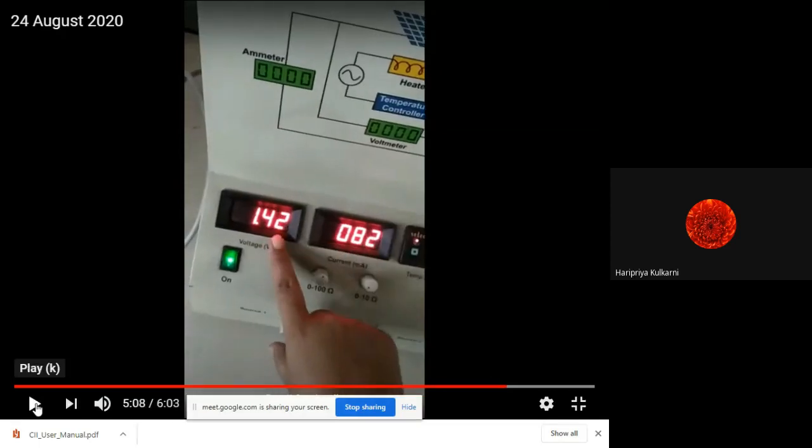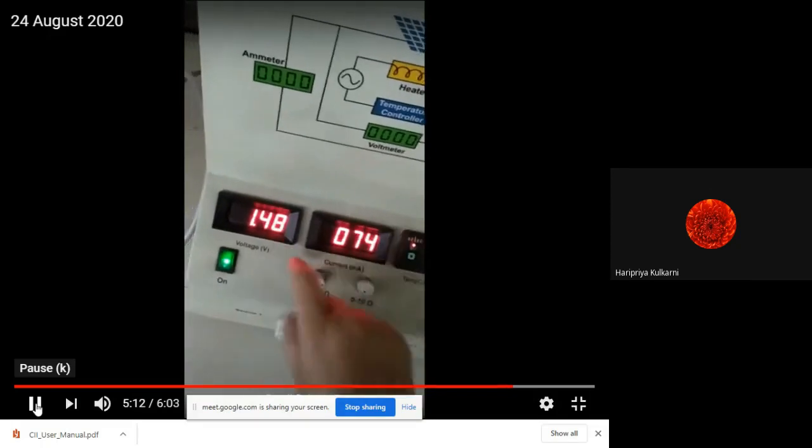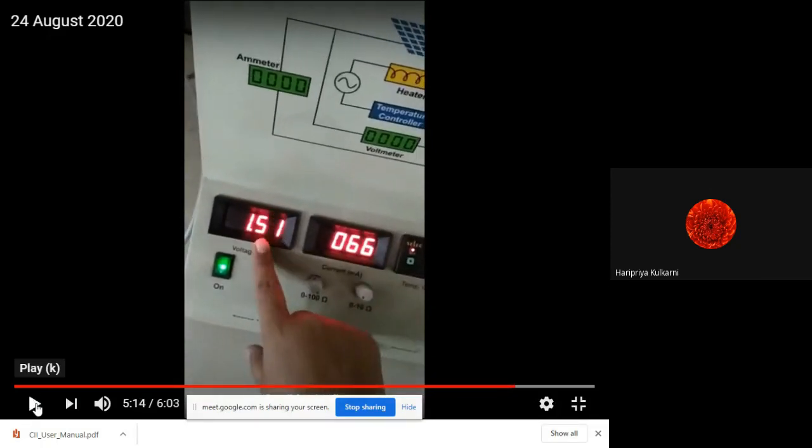Next reading 1.42 volt, 82 milliampere. Next reading 1.51 volt, 66 milliampere.